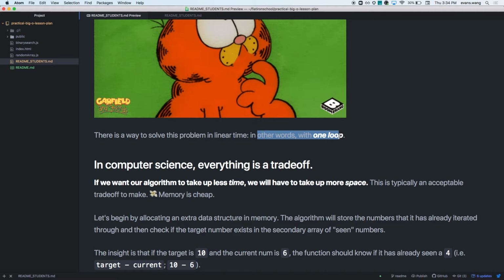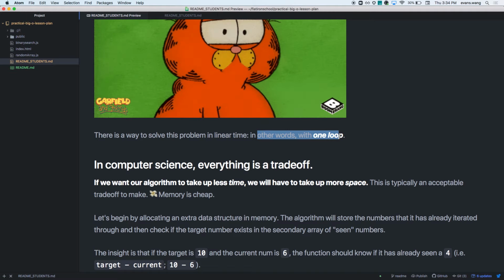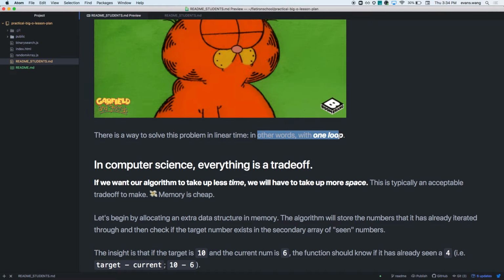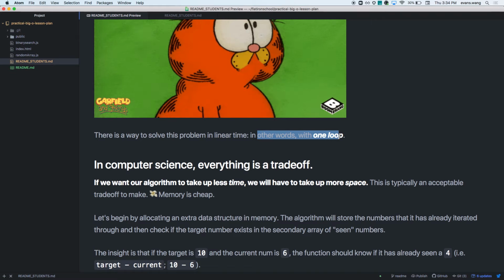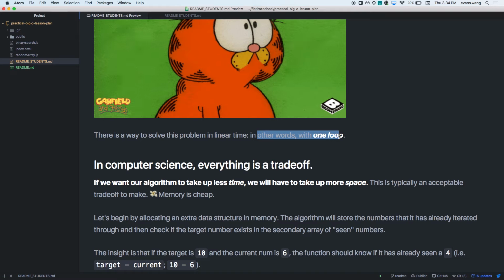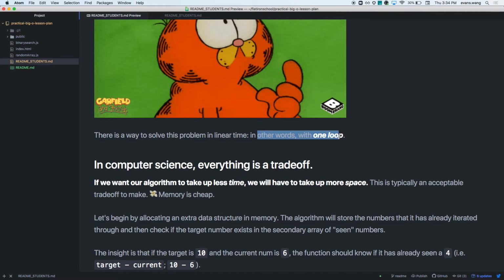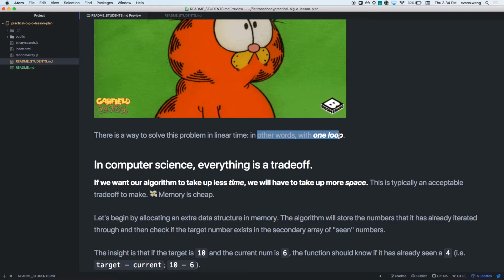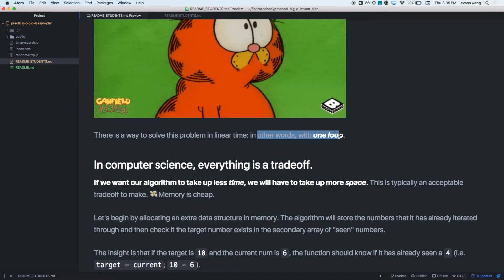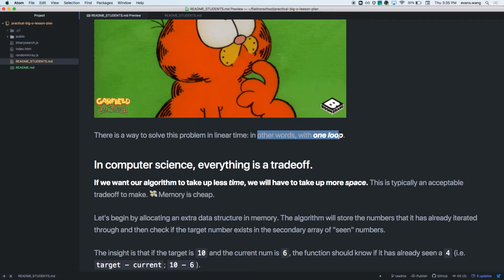If I check the first number against the second number, when I'm going through the second number, I don't need to check every number before that because I've already checked it as a combo. So there should be some way to store the numbers I've already checked and then verify, did I check this already? If I did, skip it. And that way, I only have to go through one time.